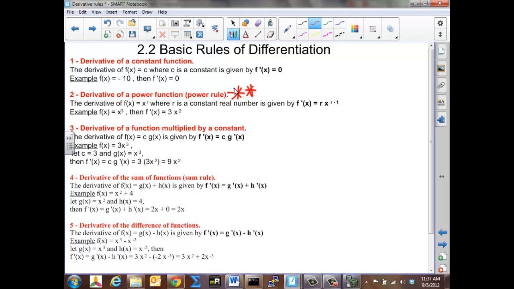The power rule is what we just used. If we've got x to the 3rd power, we're going to make the 3 the coefficient and reduce the power by 1. Now, what happens if it's a constant number? If we've got just f of x equals a number, there's no variable there to go anywhere with. So the derivative of a constant number is 0.